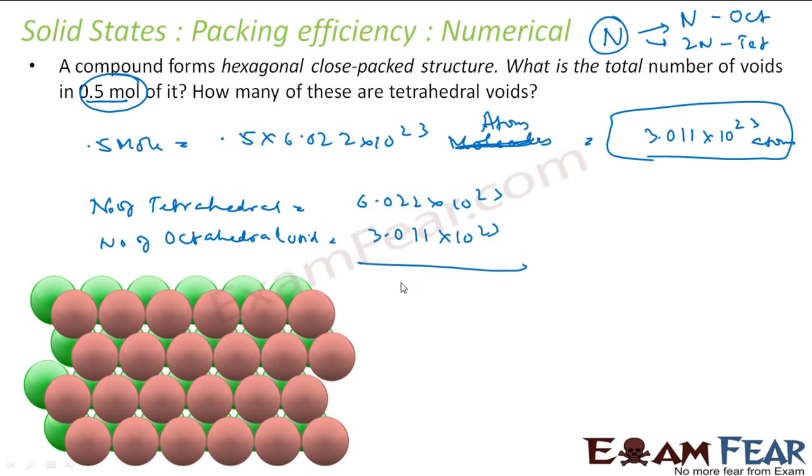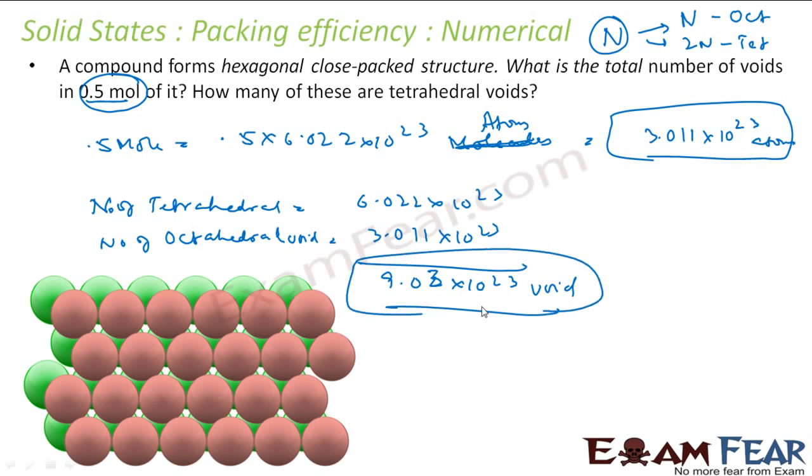If you add these, you get 9.03 × 10^23 voids. Correct.